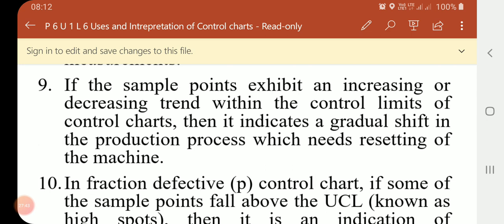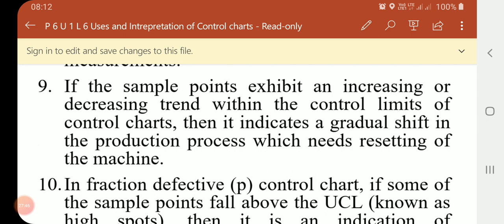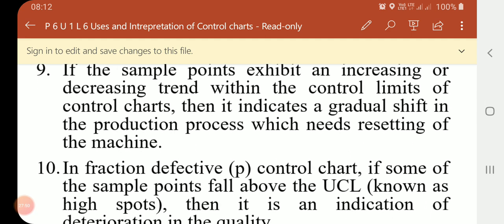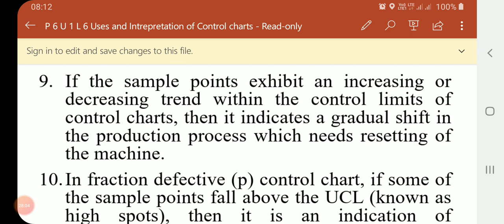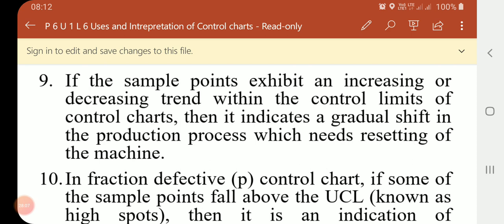Whenever a continuously increasing or decreasing trend is observed in the control charts, it indicates a gradual shift in the production process, which needs resetting of the machine.